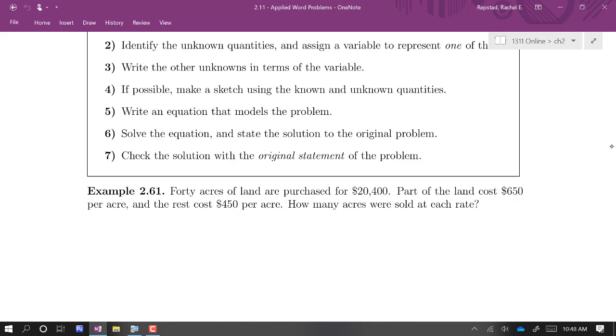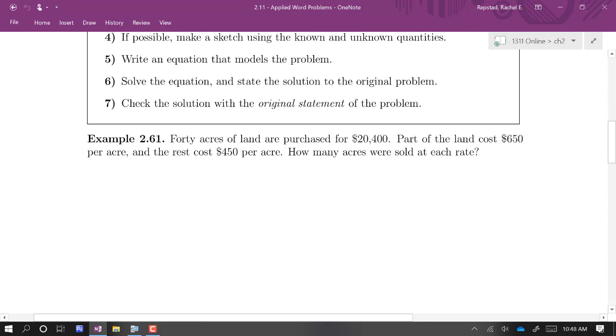I'm going to pick x to represent one of these. Let's let x be the number of acres purchased at $650 per acre.